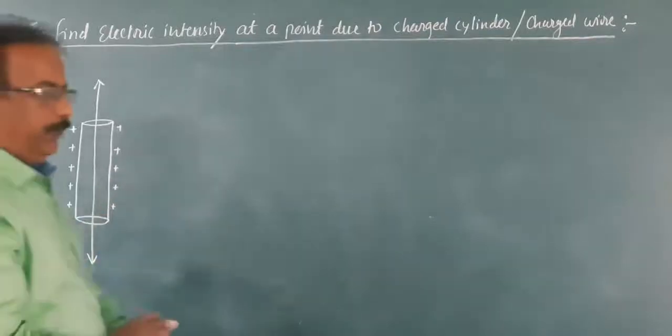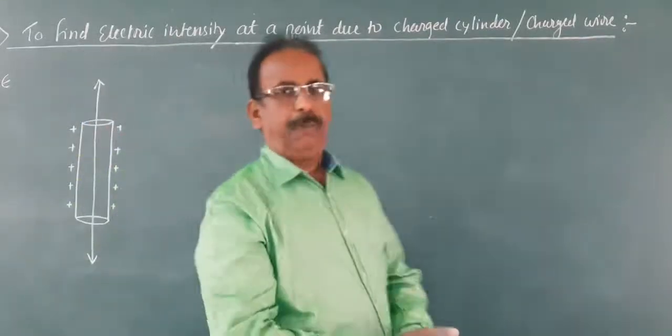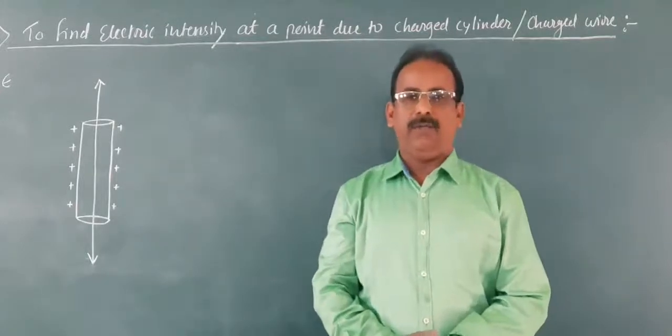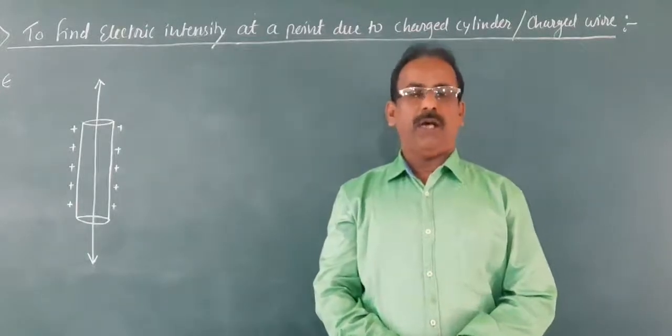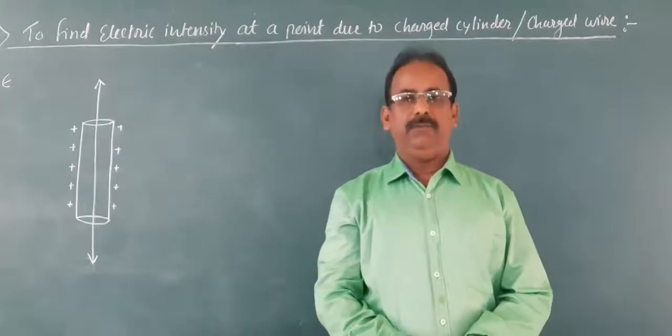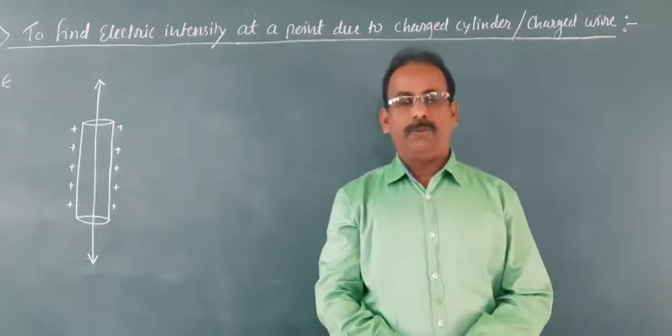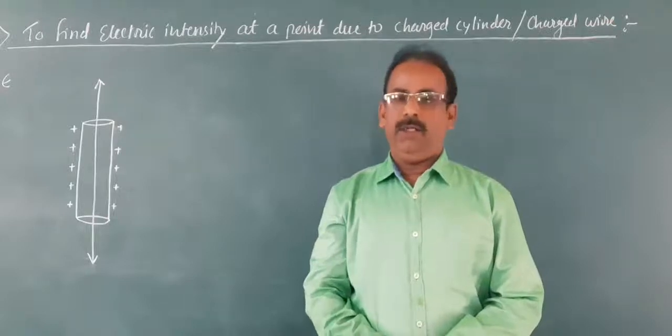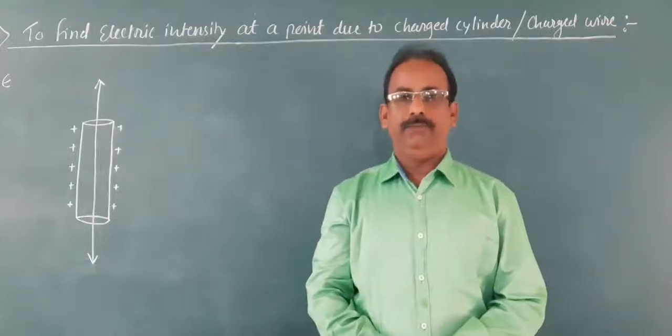The wire is infinite, the cylinder is infinite on both sides. Therefore, it is not possible for us to measure total charge present on this wire or this cylinder.